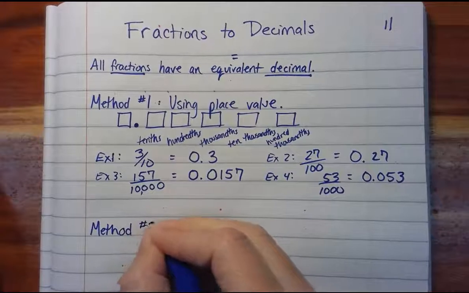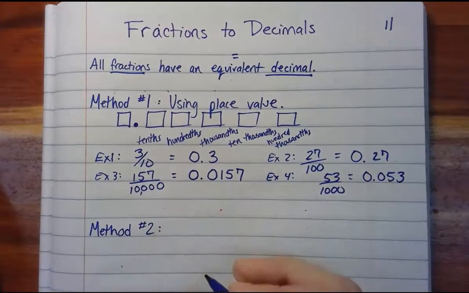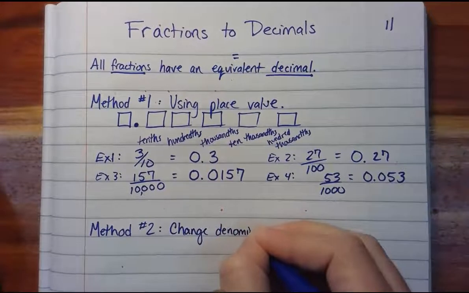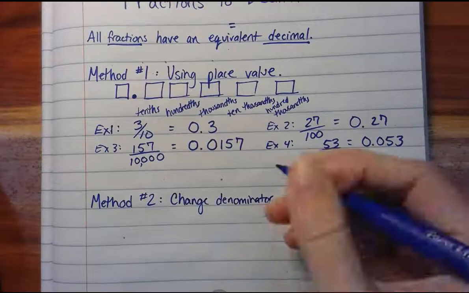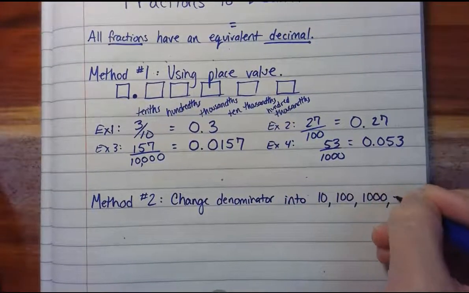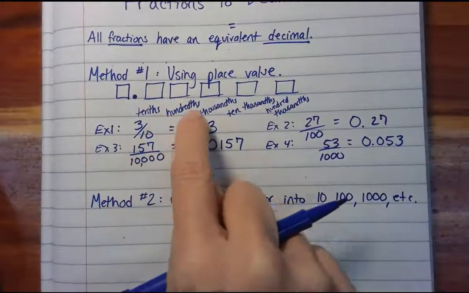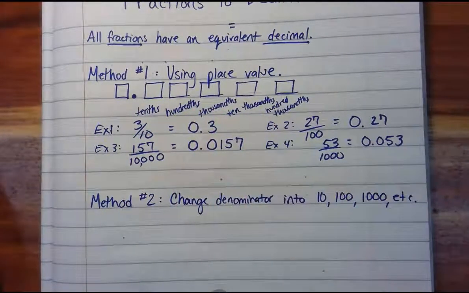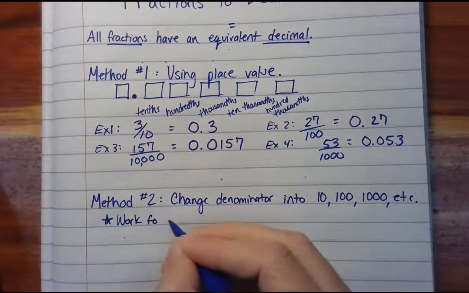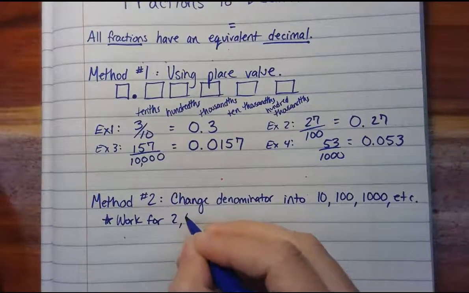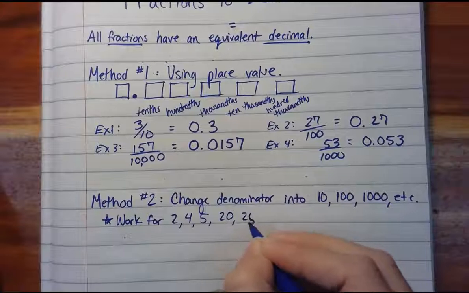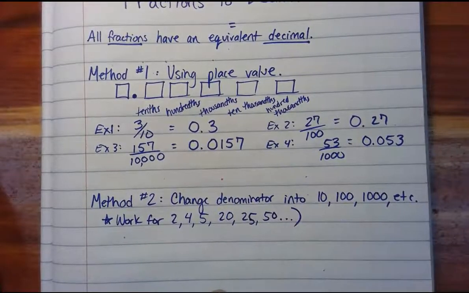So let's look at method number 2, which is we're going to change our denominator into a 10, a 100, a 1,000, etc. Okay, so if it's not already one of these, 10, 100, 1,000, 10,000, then we can change it into one. And just as a note, this works for numbers like 2, 4, it works for 5, it works for 20, it works for 25, it works for 50, but not much else outside of that.